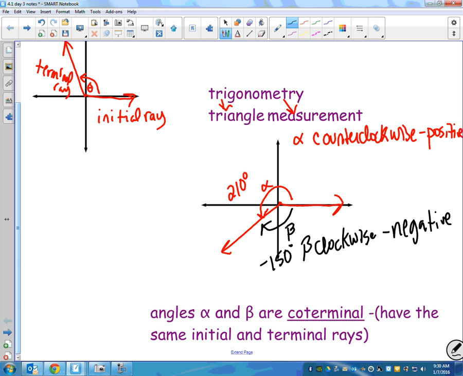That's what it is. In this picture, yes. So alpha is positive and beta is negative because of the way I drew it. Other questions about that?